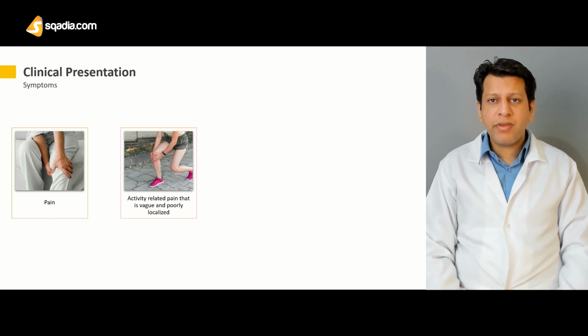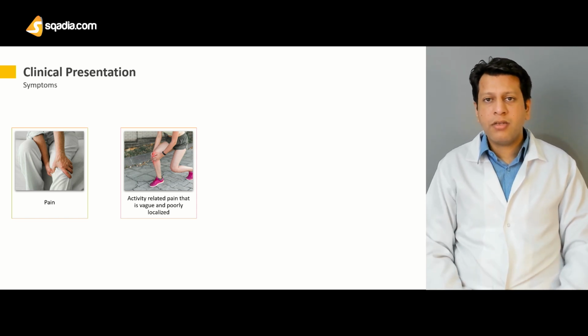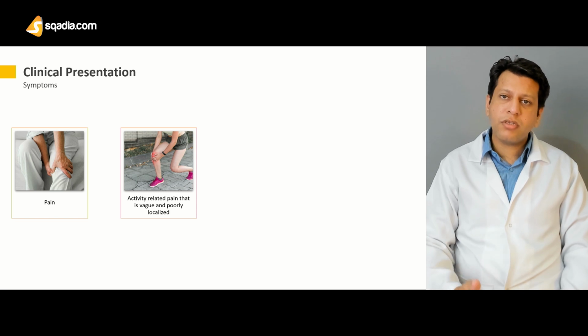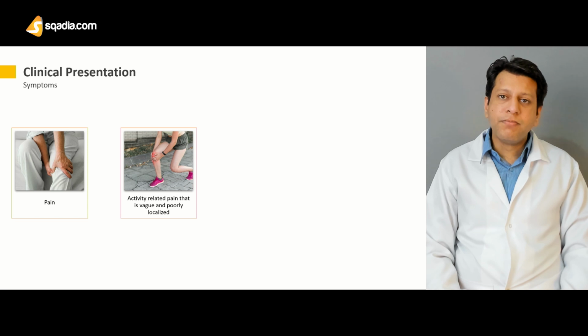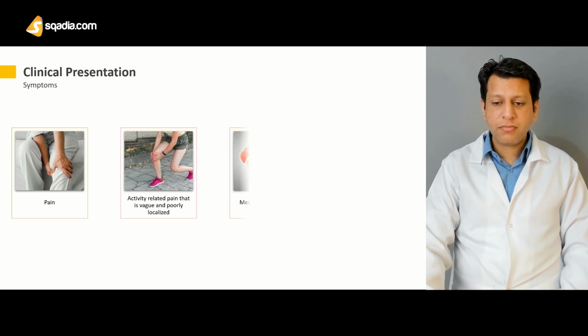So once it goes away, the patient says that whatever it was, it's gone now, and he or she is fine, and they continue playing their game day in, day out. Eventually, after a few months, a whole season, the problems become severe enough for the patients to come to the clinic and get themselves checked up for this problem.